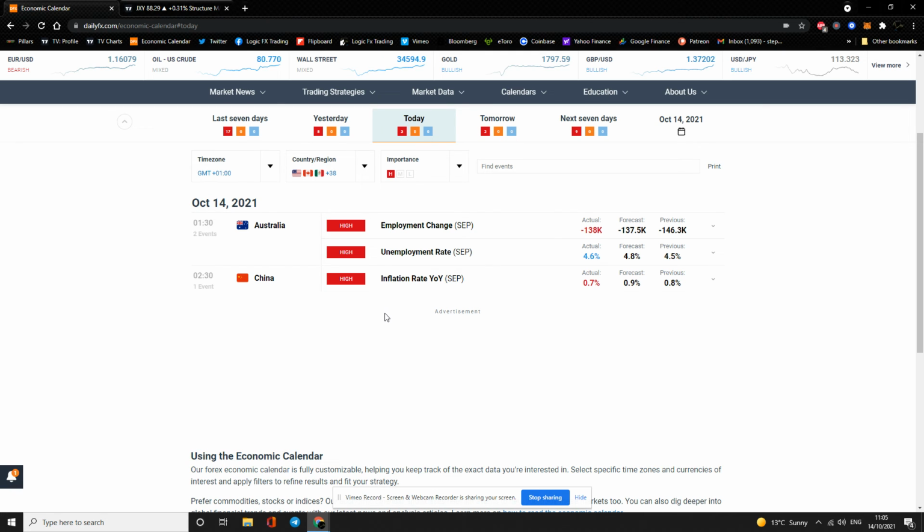Employment and unemployment in Australia came in slightly lower than forecast, even though the employment change, which is minus 138k, was slightly above forecast. I'm not entirely sure how that's worked out, guys, but there you go. A little bit of a mixed message there. This is minus, so that's 138,000 jobs lost.